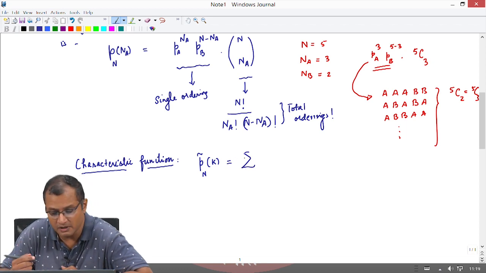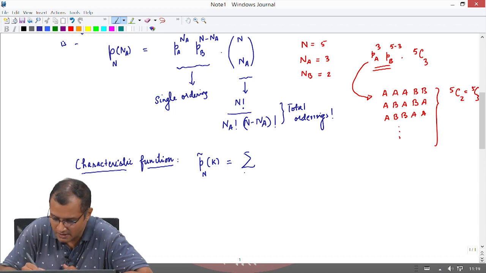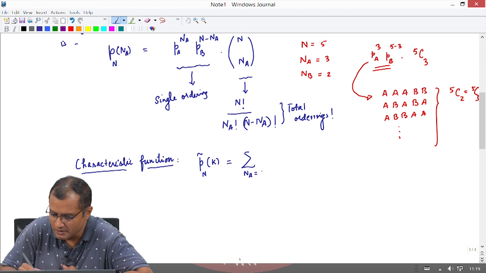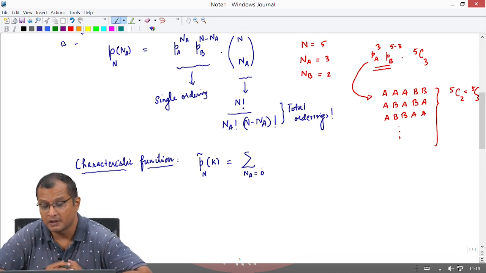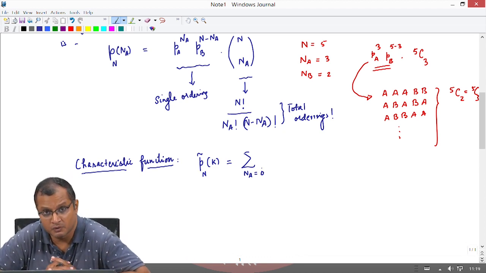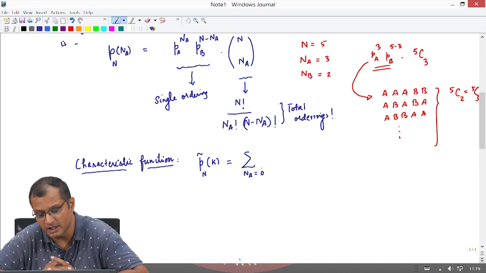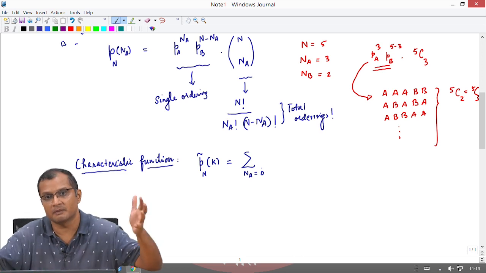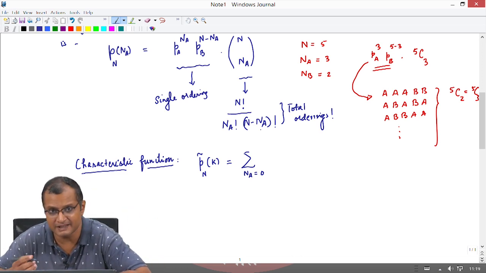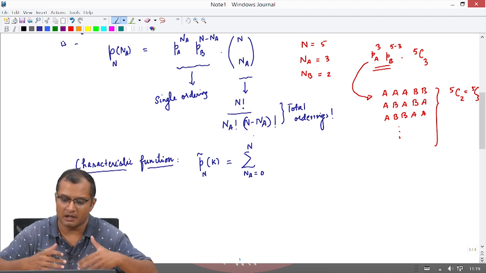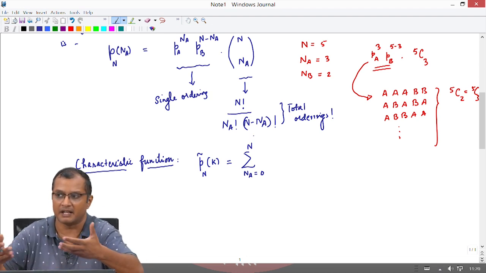The summand variable is now n a, and this will run from 0, because that is the lowest value for n a. You cannot have less than 0. 0 is the minimum value n a can take. So, this would be like saying all outcomes are b, and the maximum value for n a has to be n. It is like saying all outcomes of the n measurements were a.